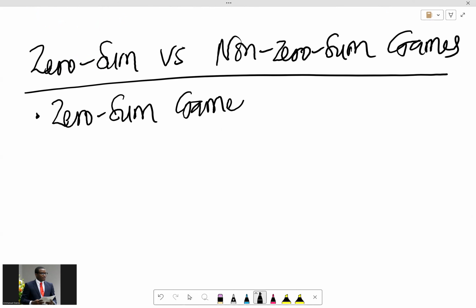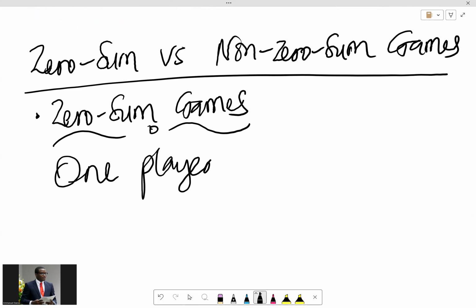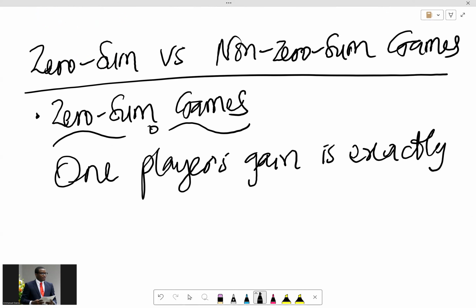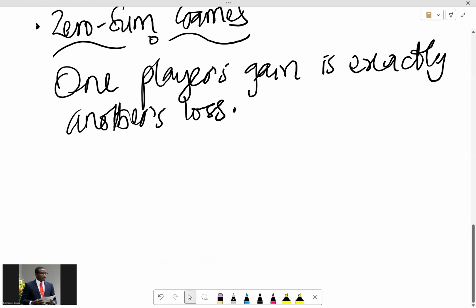In zero sum games, one player's gain is exactly another's loss. So if I gain 10 naira, it automatically means that my opponent, the other person playing with me, has lost 10 naira. That's the idea of a zero sum game.